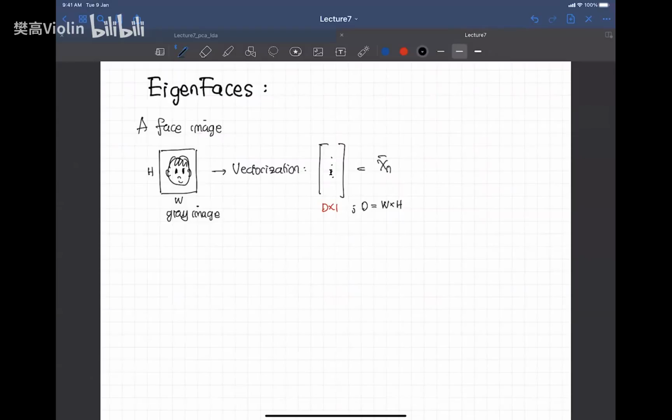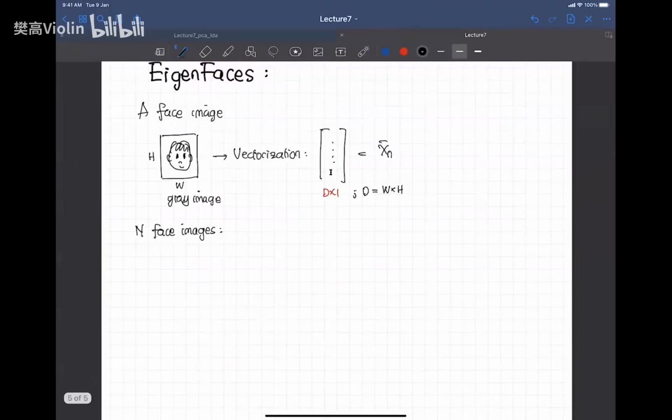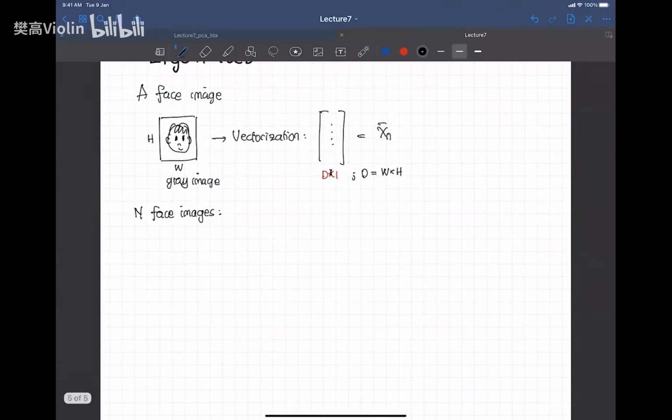And we have n face images. We do the same operation of factorization, and in the end we will have x_n bar, n equals 1 to n.